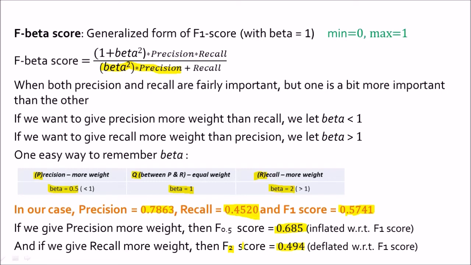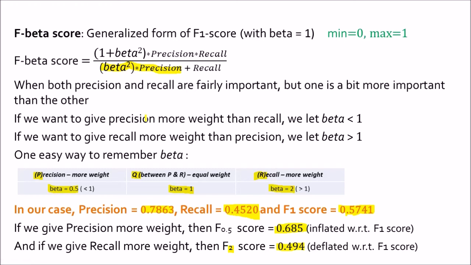So my F score is now penalizing me for having such a low recall value, especially after I have told my classifier that recall needs to be given more weight. So it is basically telling us, well, you want to give recall more weight, but your recall is very poor, and hence I am giving you a low score. So this can be an eye opener or a wake up call that we need to change our classifier or try a different algorithm, etc.